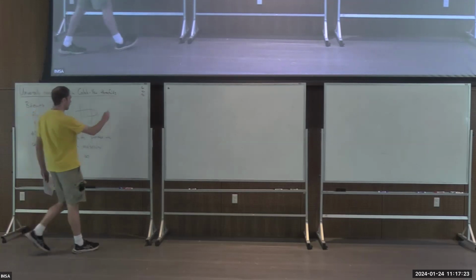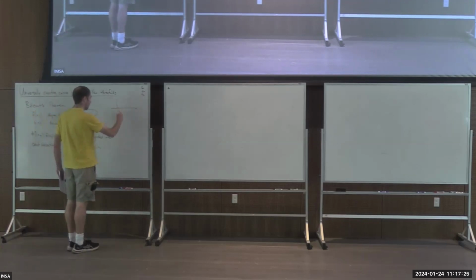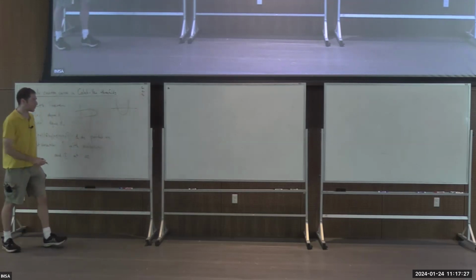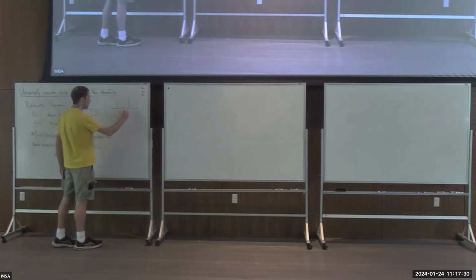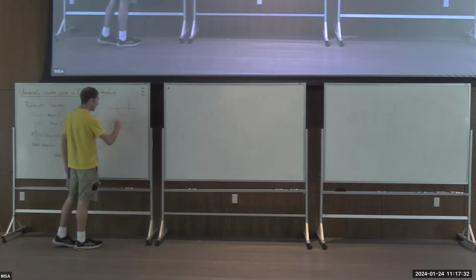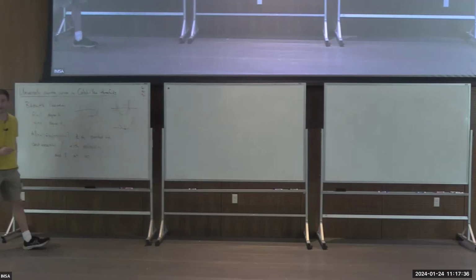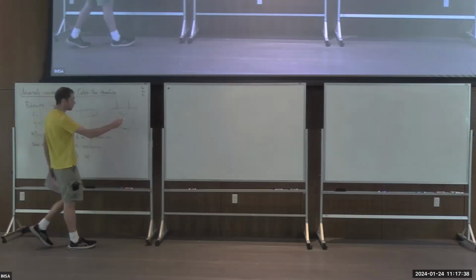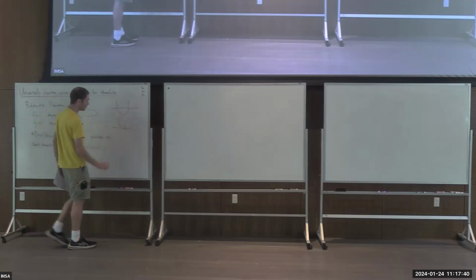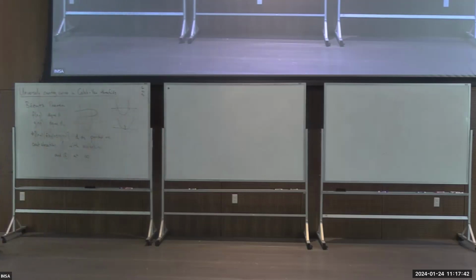So these two intersection points are transverse. They have multiplicity 1. This intersection point here, if this is a parabola, two smooth curves tangent to order 2, have multiplicity 2. So that illustrates this first issue.